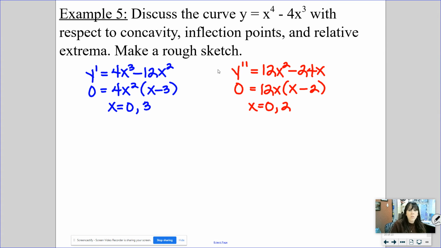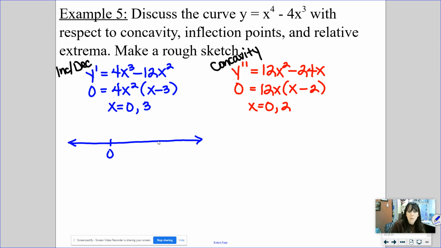Okay? So remember, the first derivative tells you increasing, decreasing, and the second derivative tells you concavity. You have to compute them separately, okay? We are going to continue what we did in the previous examples, where we would draw a line or a chart, and break it up with the critical numbers.